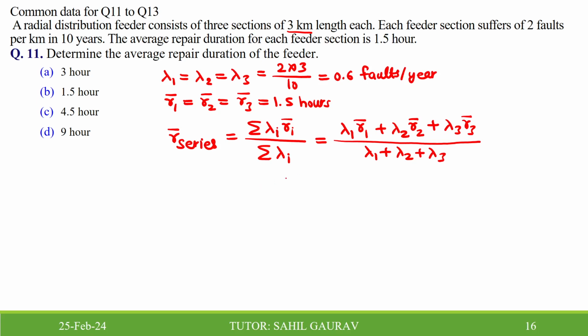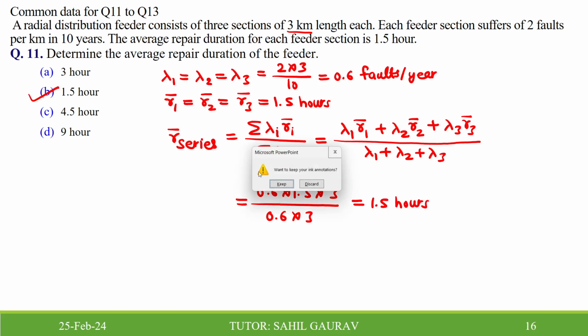So if you put all these values, 0.6 into 1.5, all are equal so it gets multiplied by 3, and lambda 1 plus lambda 2 plus lambda 3 is 0.6 into 3, so you will get 1.5 hours. So correct answer is B.